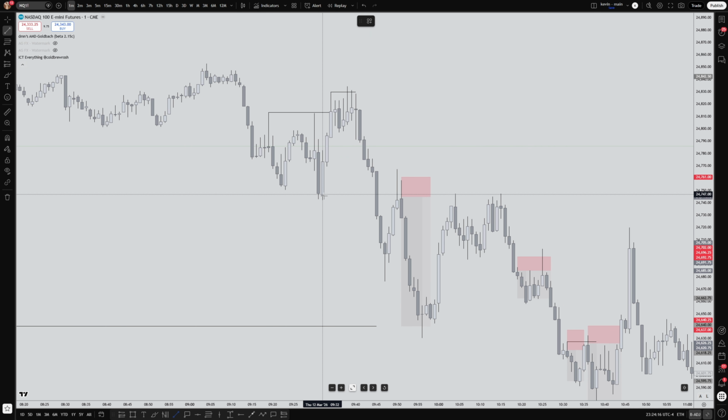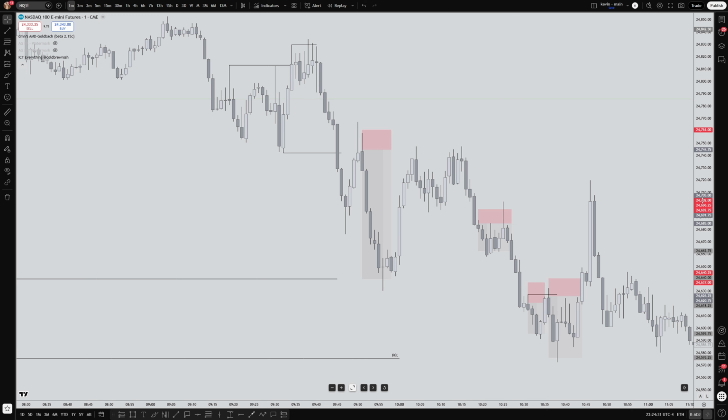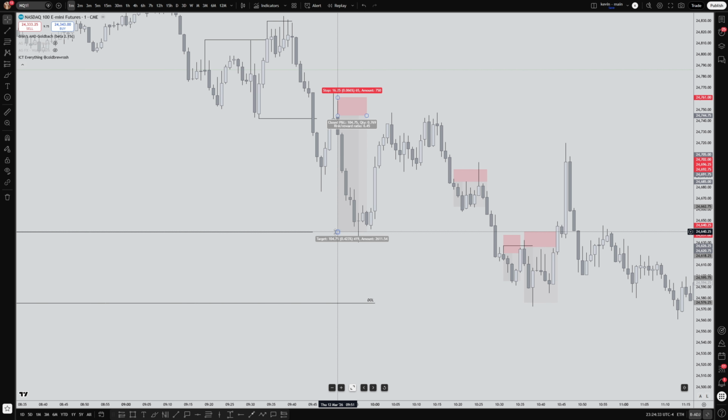Okay, that confirms my bearishness. And I essentially take this candle's open high. This is also time. I can't explain that. And where is my entry for that? Here. So I entered there, took it out of there, then stopped out in profit.